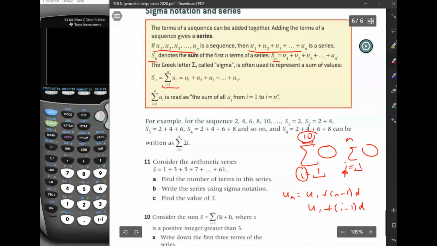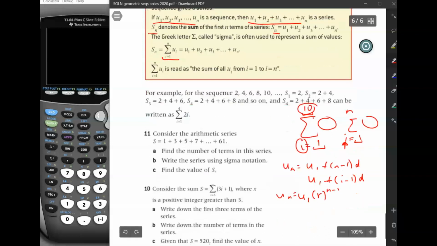And in the case of the geometric sequence, you would put u1 r to the n minus 1 for u subscript n. Now, if we were going to do u subscript I, in the case of using sigma notation, we would put u1 r to the I minus 1. Okay? So that's how you fill in the general term.